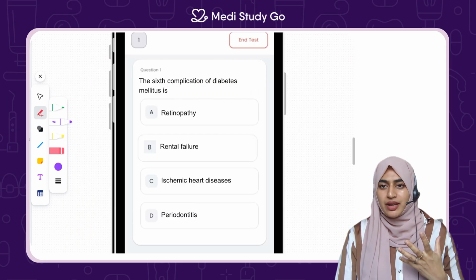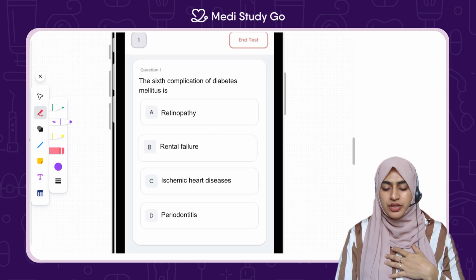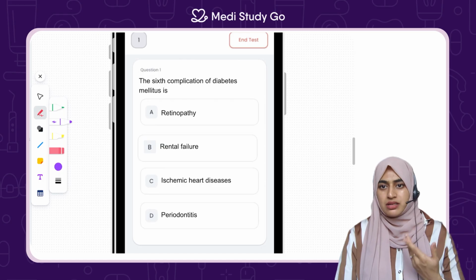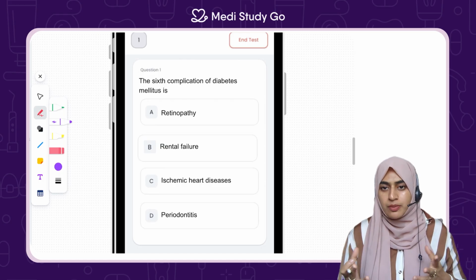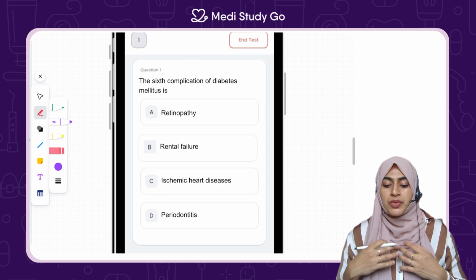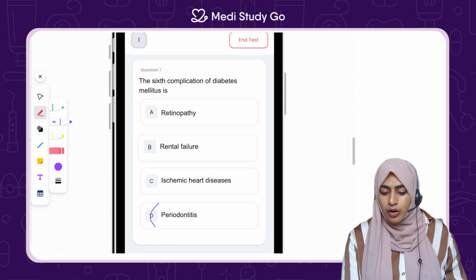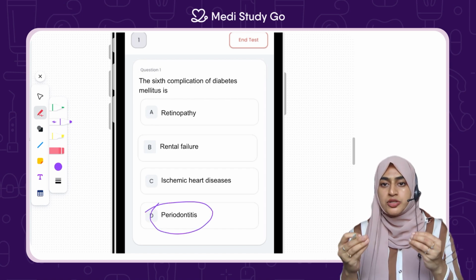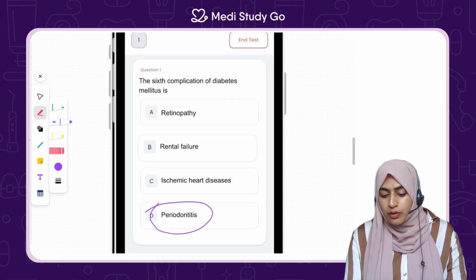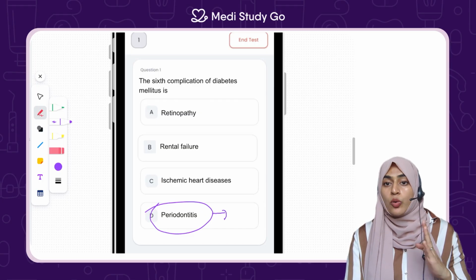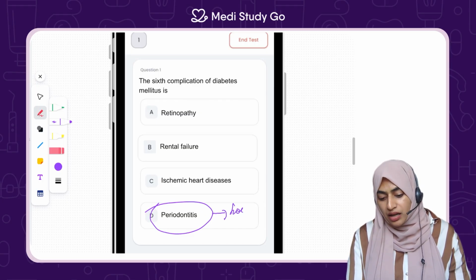So, coming to the very interesting part, that is the MCQ of the day. It's a very easy one since we have already discussed so much about diabetes and periodontitis. The sixth complication of diabetes is nothing but periodontitis. I'm not even reading the other options because it's so evident. But one thing you can remember is that it was established by Löe et al. in the year 1993 in his paper.